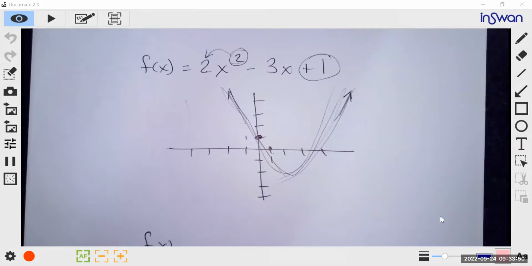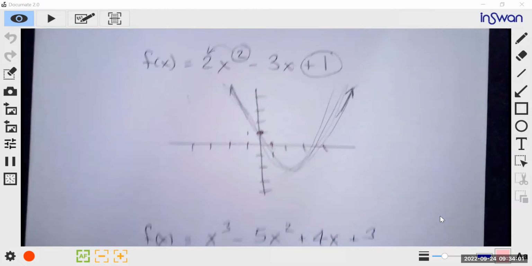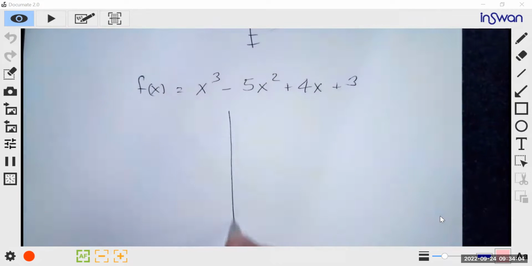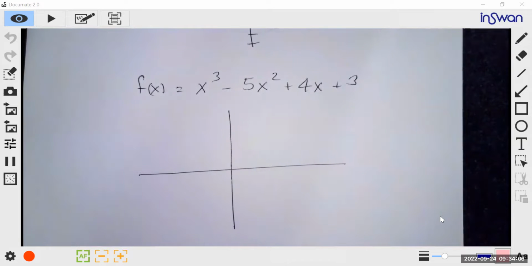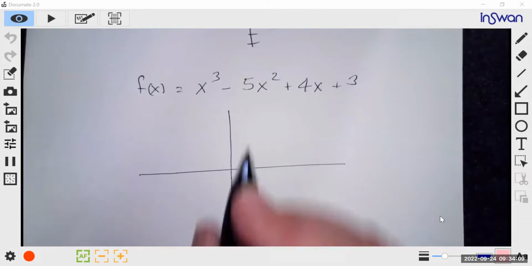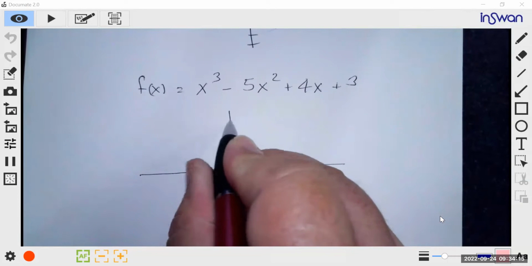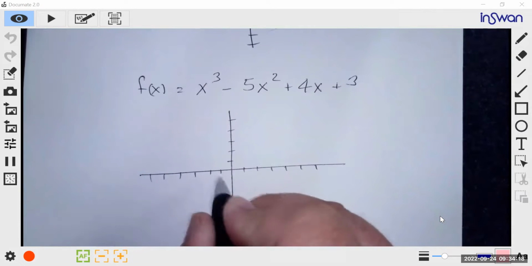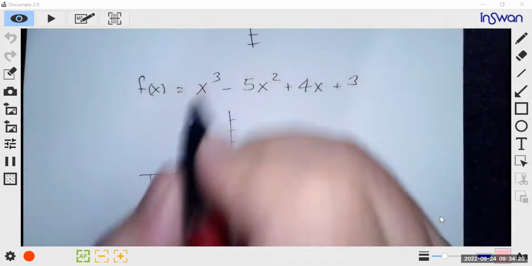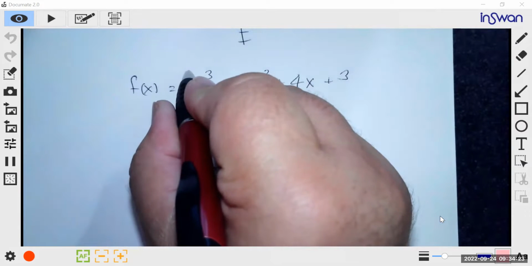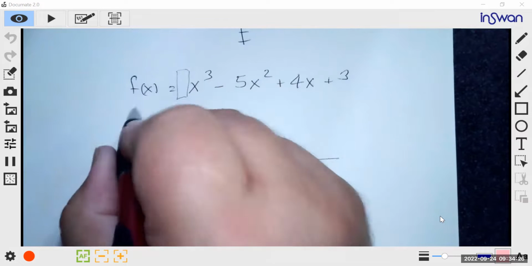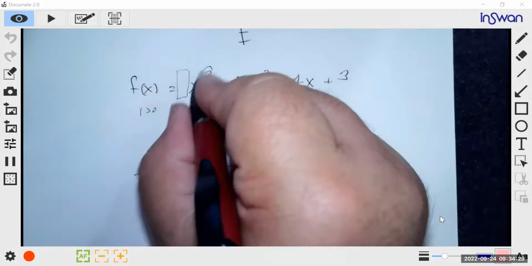Okay, how about the next one we had up there? What do we know about that one? That's an odd degree with a positive leading term. It has a 1 here, and 1 is greater than 0, and it's an odd degree.